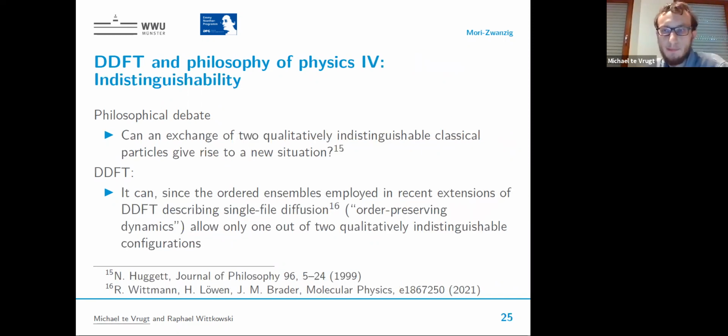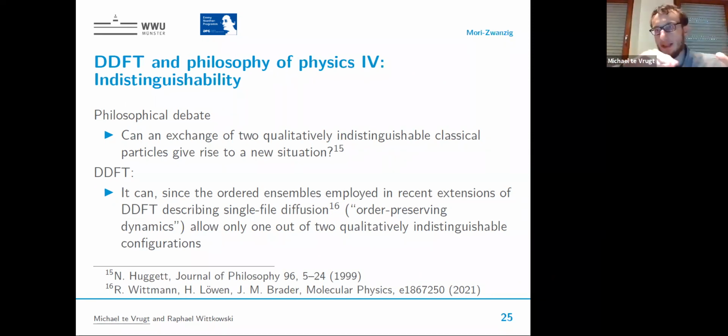And finally, there's the problem of indistinguishability. There is a long debate that has started not just with statistical mechanics, but has been going on since medieval philosophy, essentially, whether it is possible that two qualitatively indistinguishable situations are different in some sense.